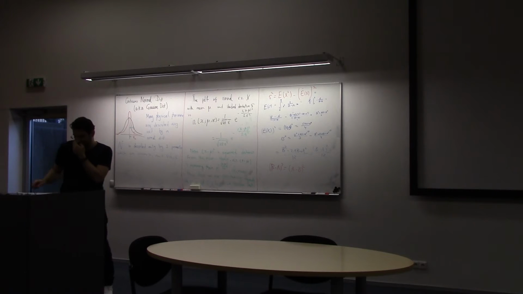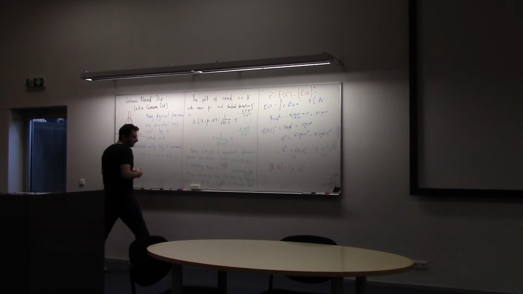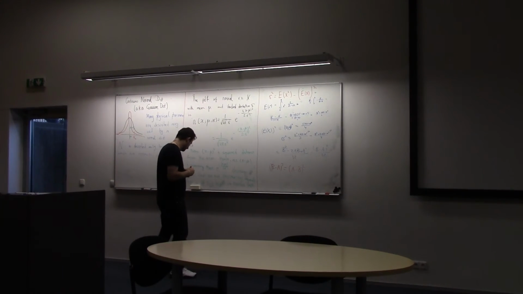If sigma is bigger, we are decreasing much slower because it's in the denominator.